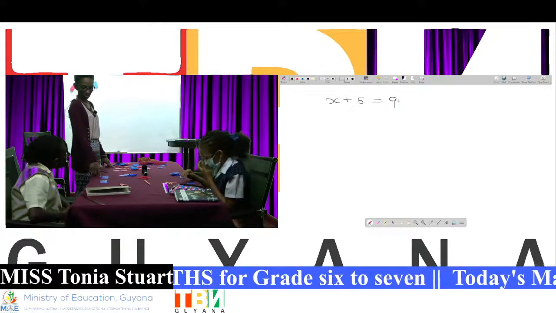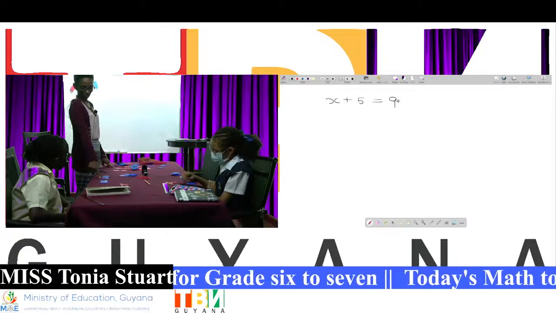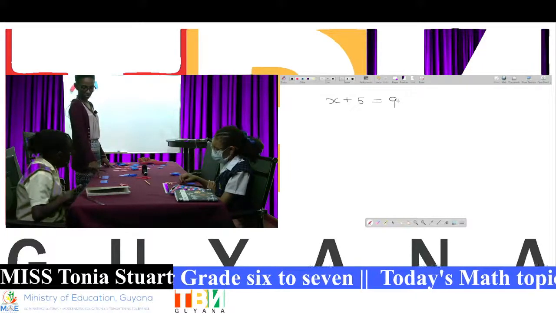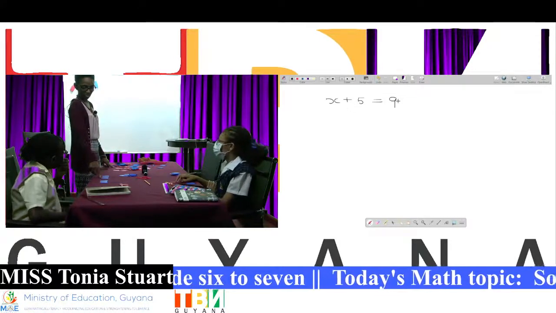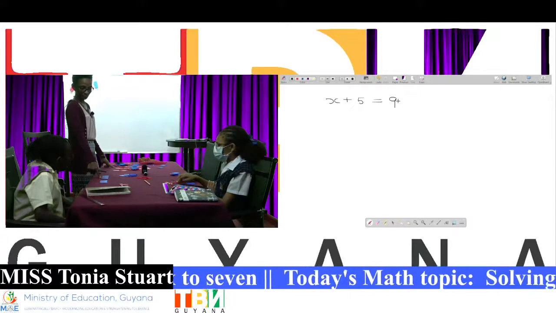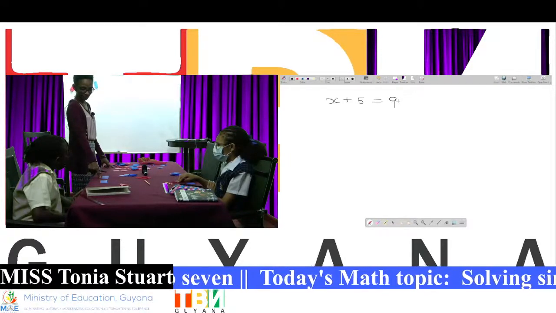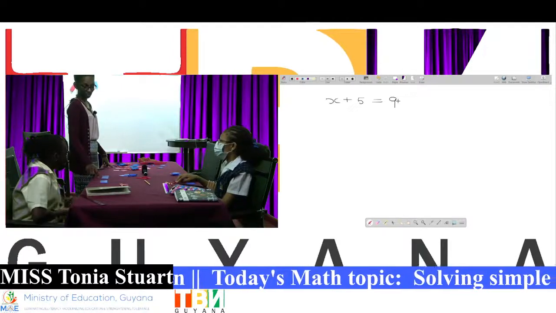So we are taking away how much? These 5. So remember, this is a positive 5, right? So how do I make this positive 5 into a 0? You take away positive 5. Yes, I'm taking away 5, right?